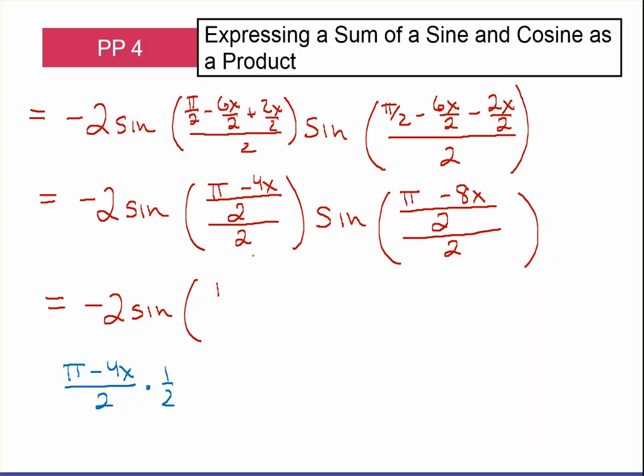Does that make sense? So dividing by 2 is multiplying by the reciprocal of 2 over 1, which is 1 over 2, which then makes pi minus 4x over 4. Everybody good there? That's probably the most difficult algebra step.